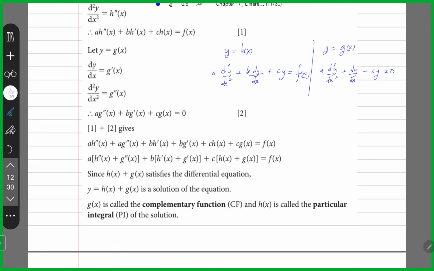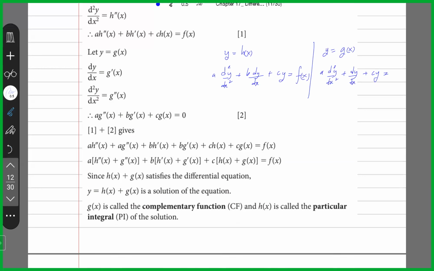So what that means is that if I add 1 and 2, let's look exactly at what is 1 and what is 2.